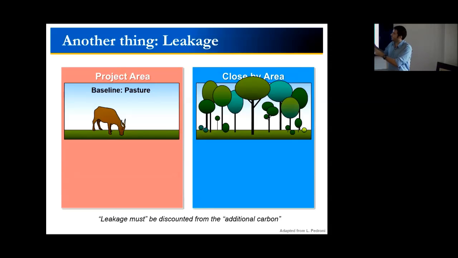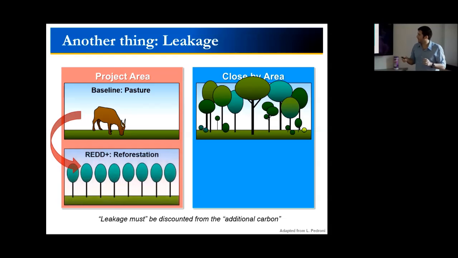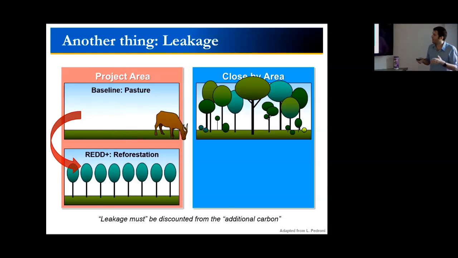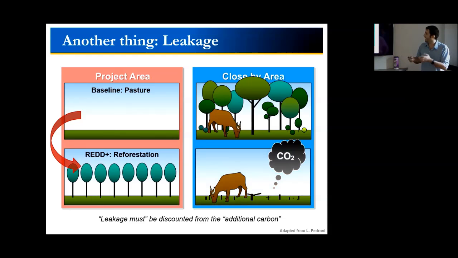Another important concept is called leakage. Leakage refers to this. You can have a project area where you have a degraded landscape, and maybe close by you have a patch of forest. So the idea is to promote reforestation in this landscape. But because you do that, you might displace the activity from your project area to a nearby area, and that can cause carbon emissions.